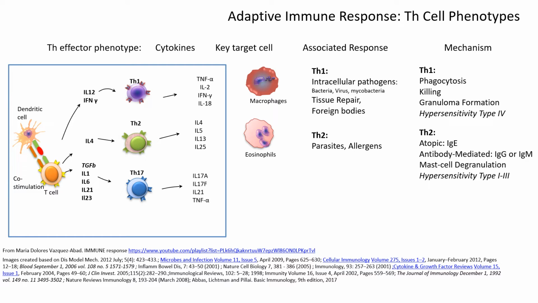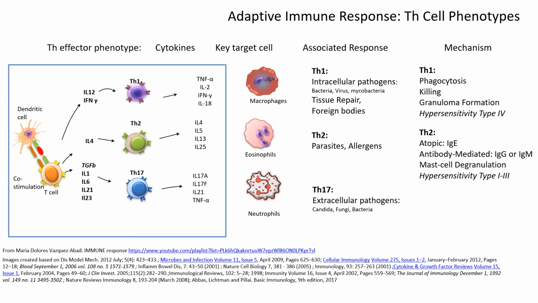And I encourage you to take a look at other videos that I have that explain those responses in more detail. In a different interaction, the production of interleukin-1, 6, 21, or 23 in addition with TGF-beta will differentiate this T cell into a Th17 cell with the production of interleukin-17, interleukin-21 or TNF-alpha, and those stimulate the neutrophils.